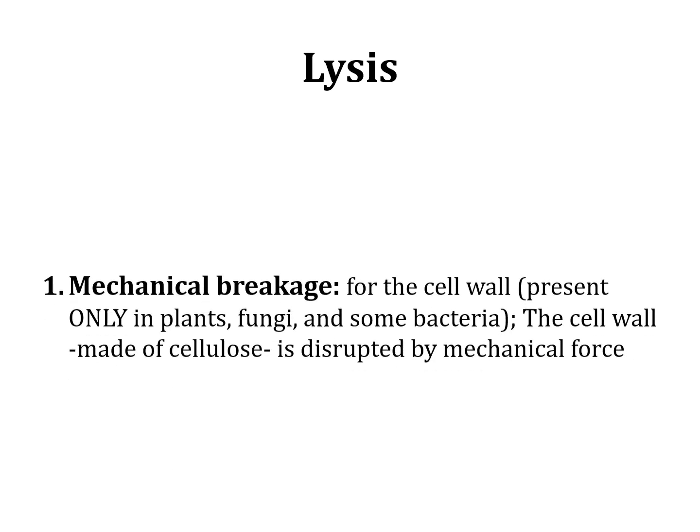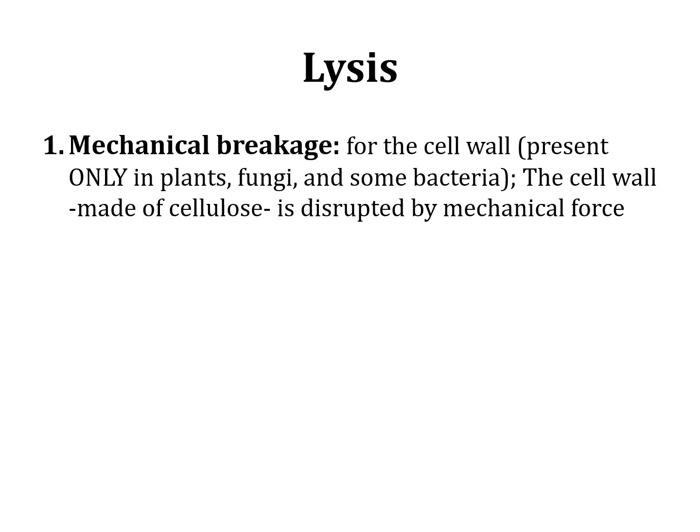Okay, so let's talk about the first step, which is the lysis part. Lysis means breaking the cell open, like hemolysis in the last experiment, which is breaking the red blood cells open. So if this was a plant cell, let's say a banana or a strawberry, we have to use mechanical breakage. Why is that?